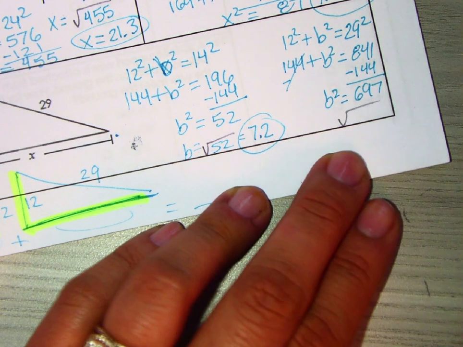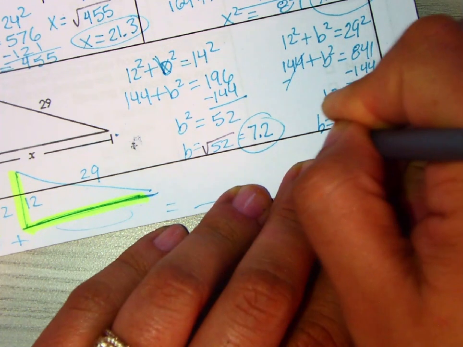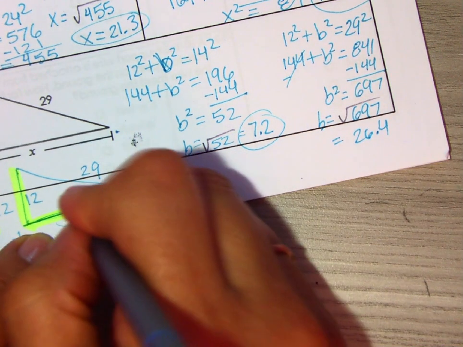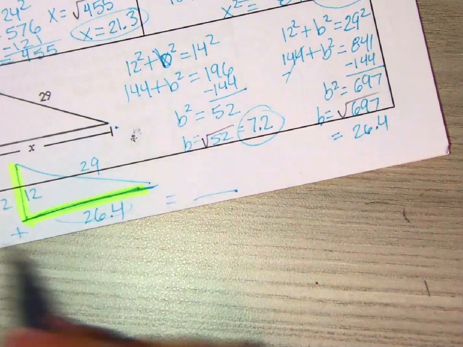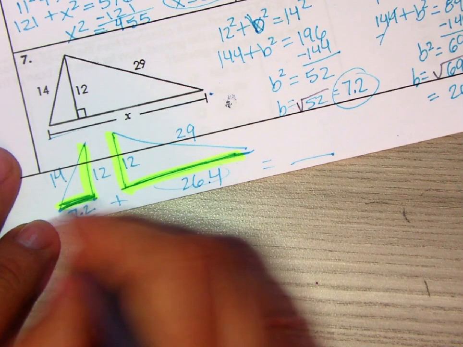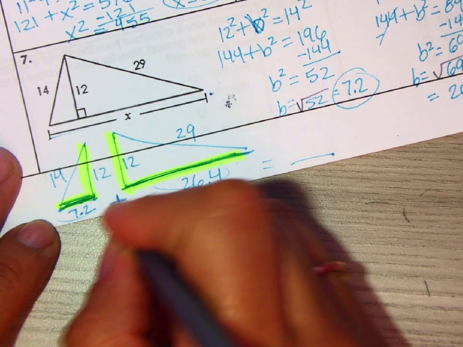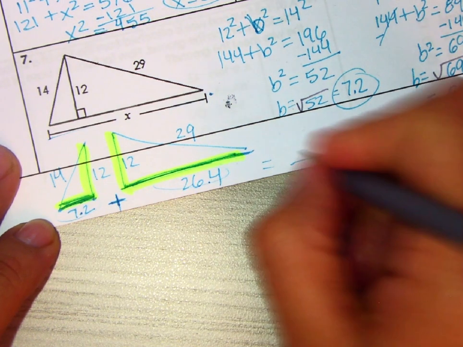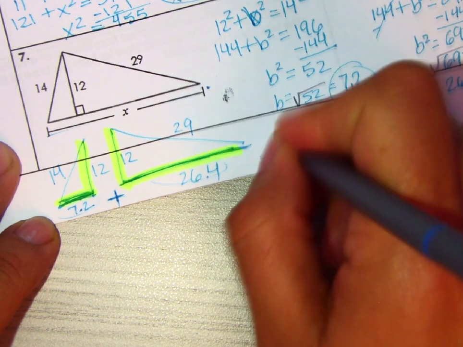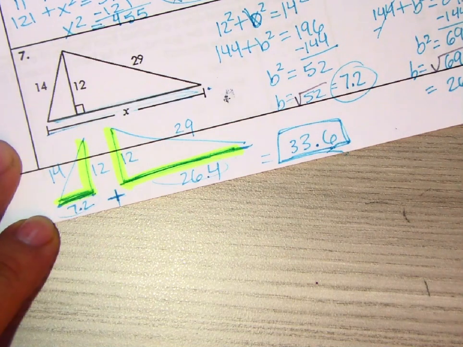Square root of 697 will give you your missing value, and that is 26.4. So we're going to get 26.4, and then when you add 7.2, this part is 7.2, plus 26.4, you end up with 33.6. So that is the answer to what x is.